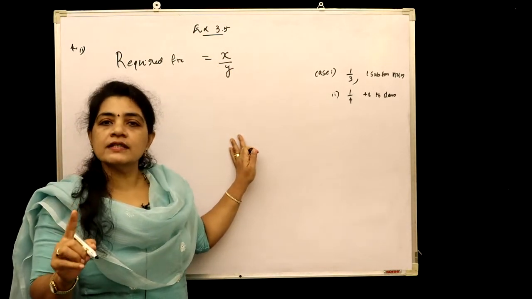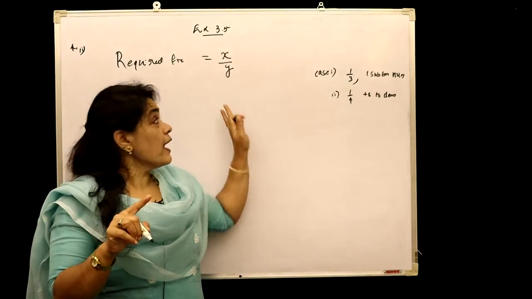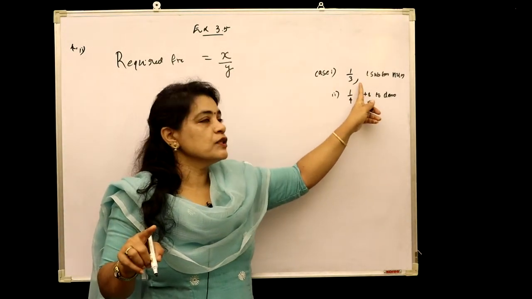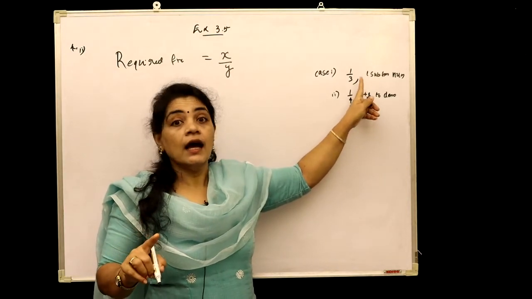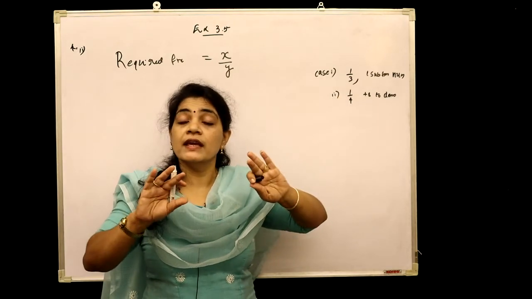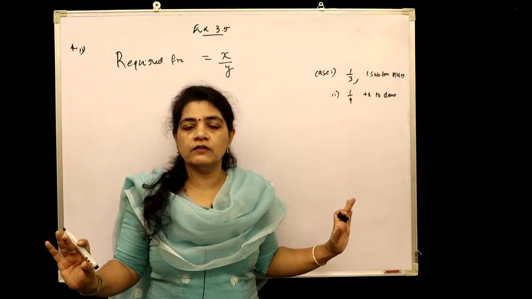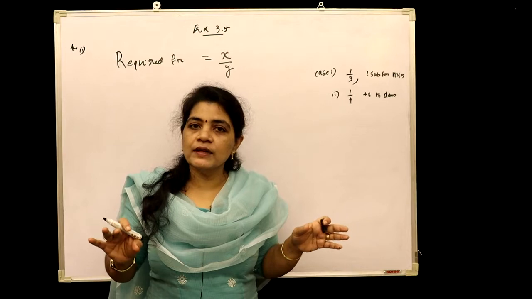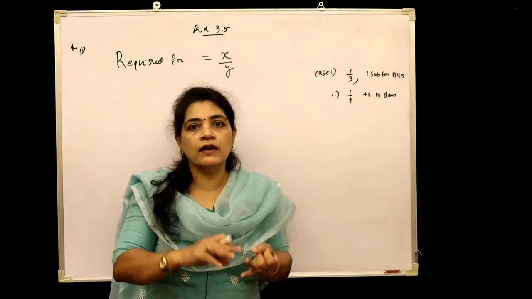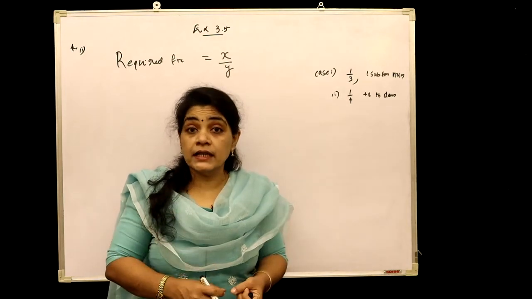In the first case, this fraction becomes 1 by 3 when 1 is subtracted from the numerator. That means we are not making any change in the denominator. We are just subtracting 1 from its numerator. Here one variable x is for numerator and y we have given as a separate variable.